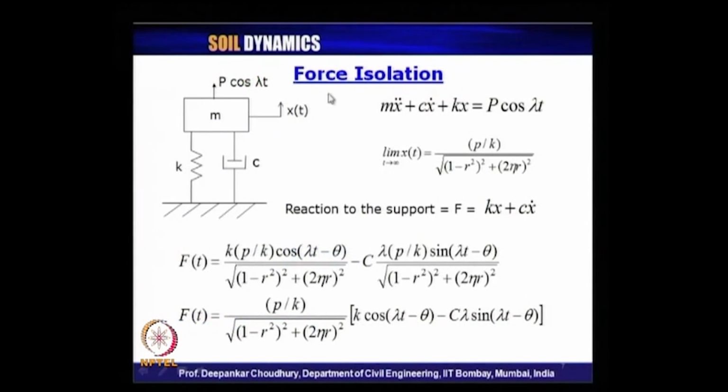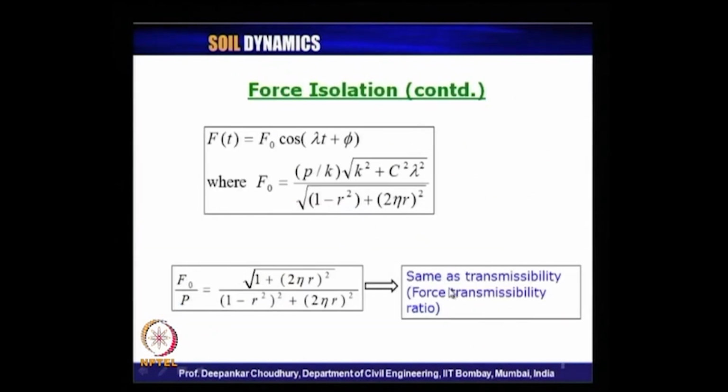Then we have derived the expression for force isolation, from which the expression of the force transmitted to the foundation to the amplitude of force applied to the machine was obtained, and the expression is nothing but the transmissibility ratio.